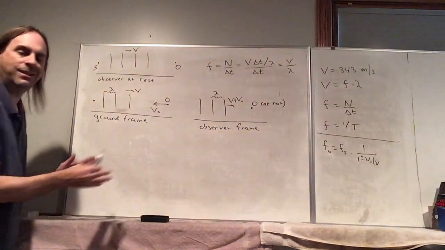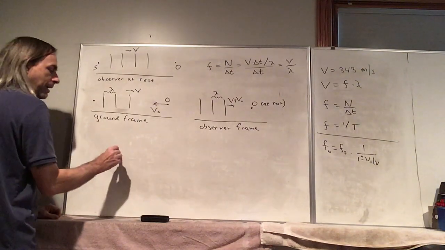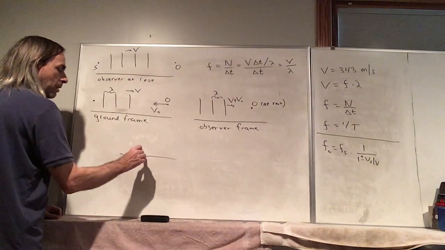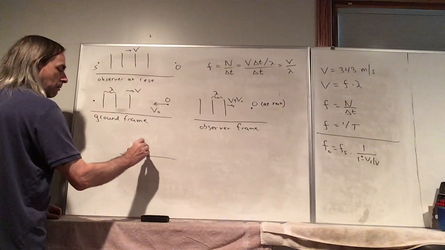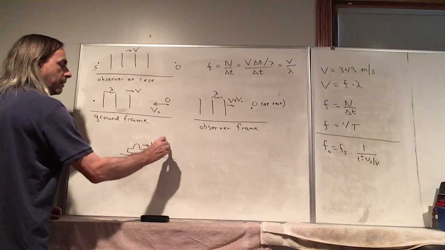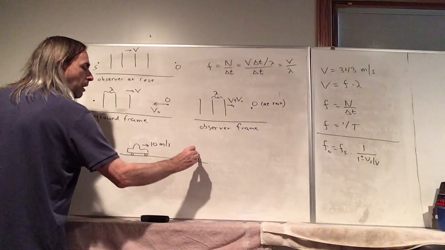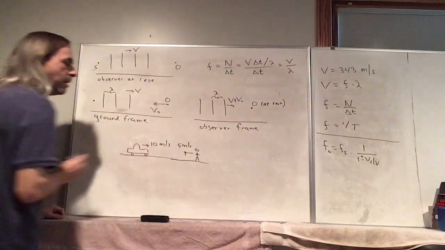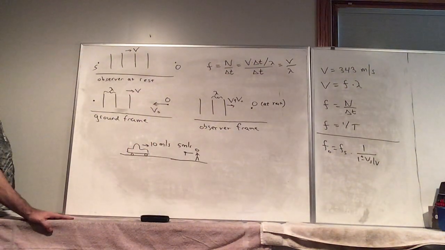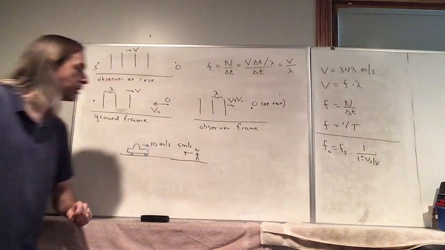So again, let's look at a simple example. Let's just say there's a car driving at, say, 10 meters per second. And say you're running towards the car at a velocity of 5 meters per second. Now, from your point of view, you are at rest and the car is moving towards you.